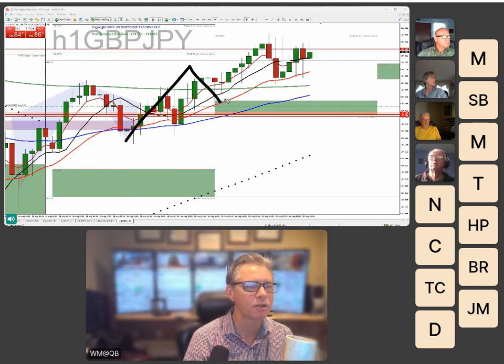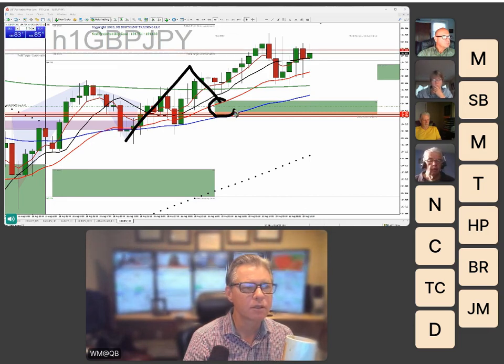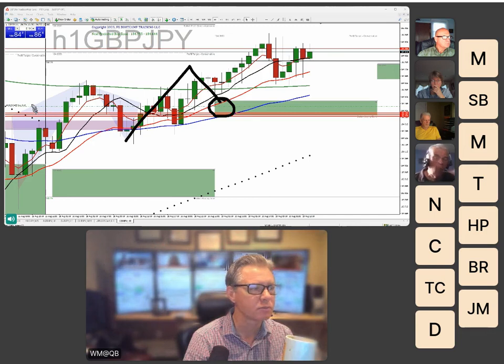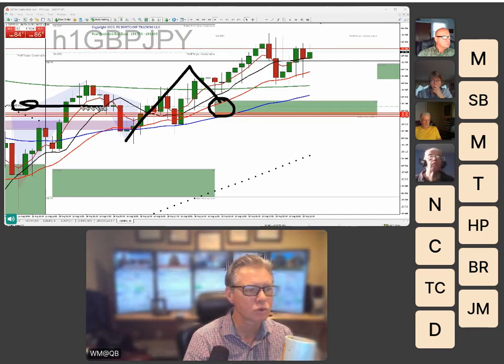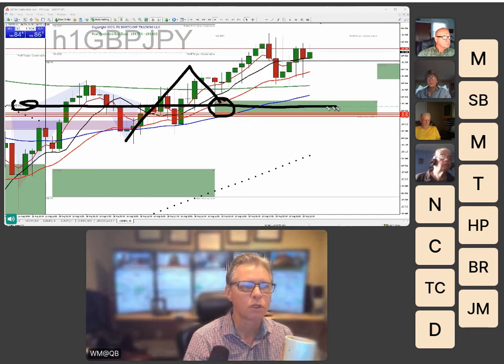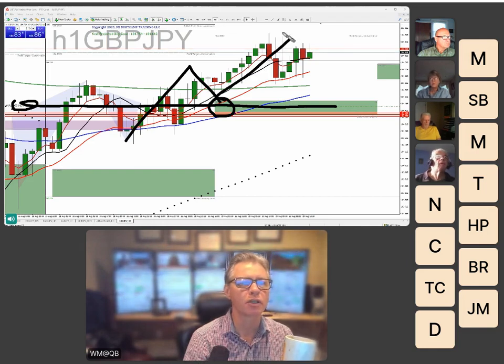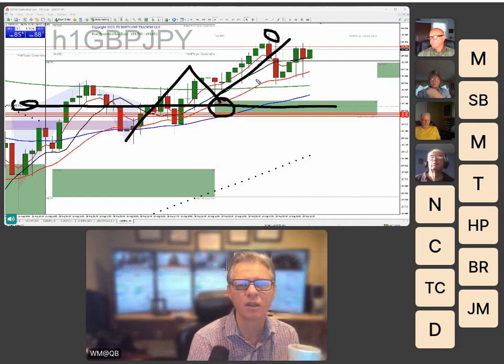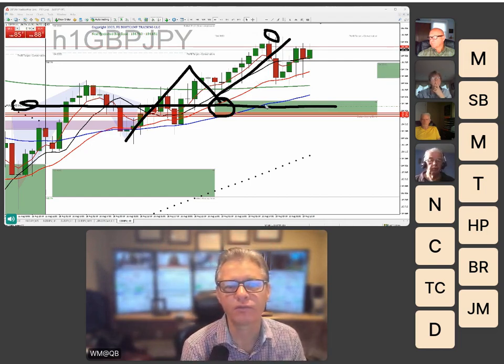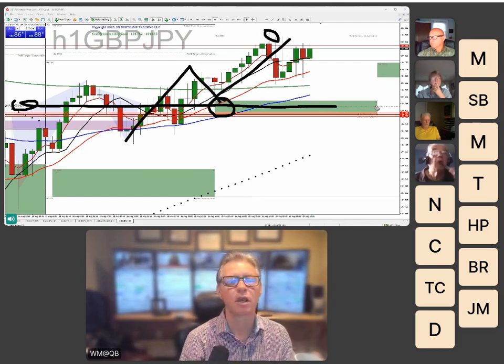So I bought it on the moving averages, pivot point. You see, there's the entry. We already hit target, so I could have taken my profit and ran. So 185. My entry was 184 and a half, so it's only 50 pips.